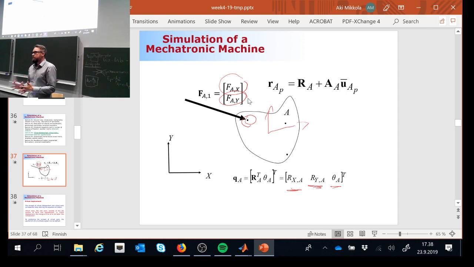Our challenge is this. Now we have two sets of coordinates. I have global coordinates, which is where the forces are expressed, and generalized coordinates. I have to find the relation between these two sets, because I need a way that automatically maps the representation of forces from the global coordinate system to be expressed using generalized coordinates.